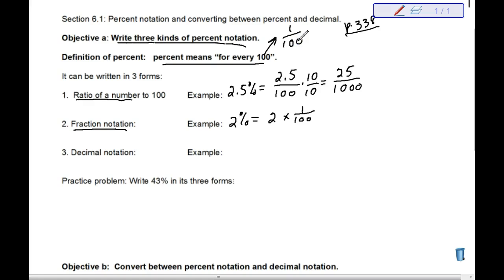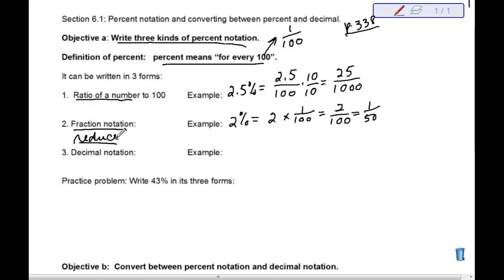So I have 2 over 100 because 2 times 1 over 100 is 2 over 100. I'll reduce that to 1 over 50. With the fraction notation, reduce. Fractions are reduced to lowest terms, even if the instructions don't say to do that, you'd want to reduce it down to lowest terms.